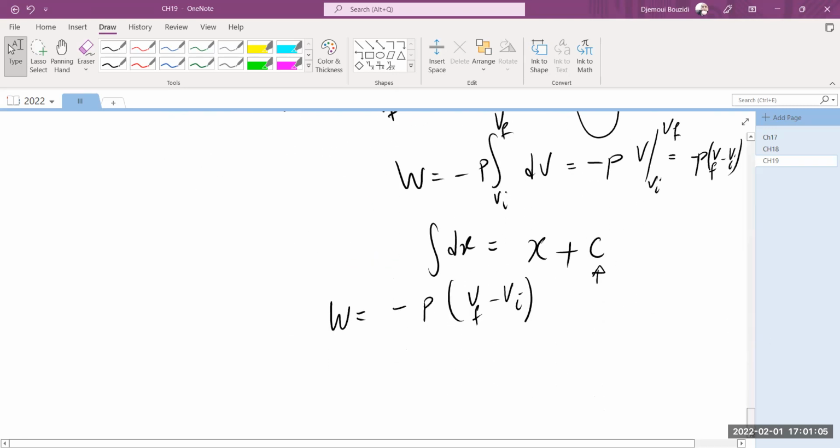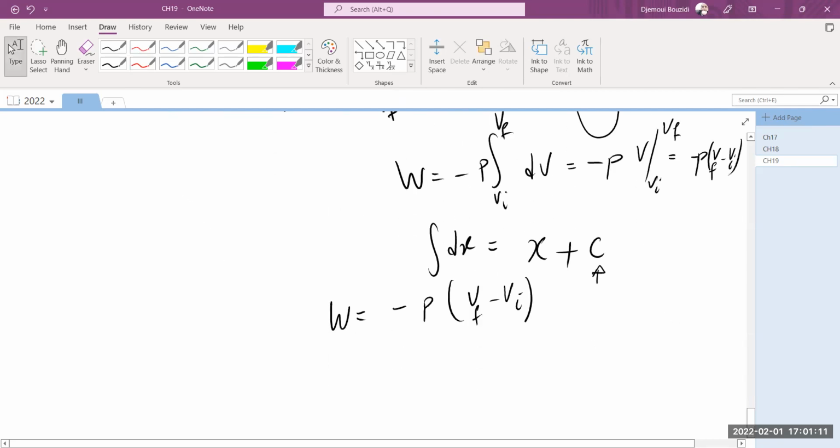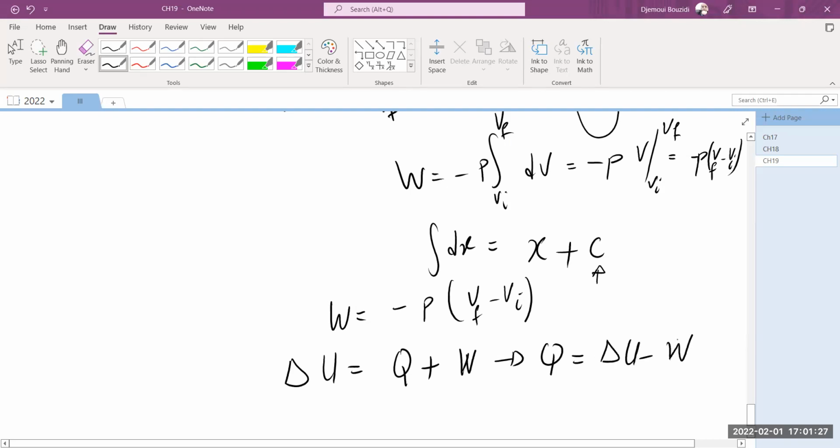So let's write the expression now for the first law. So we need to find what Q is. Delta U is equal to Q plus W. This means that Q in this case is equal to delta U minus W.